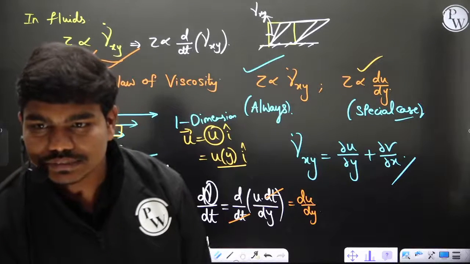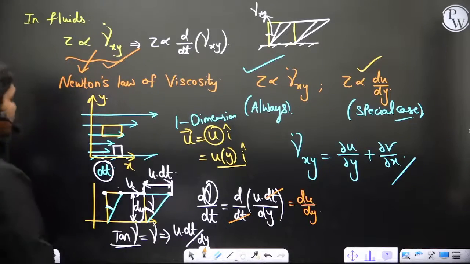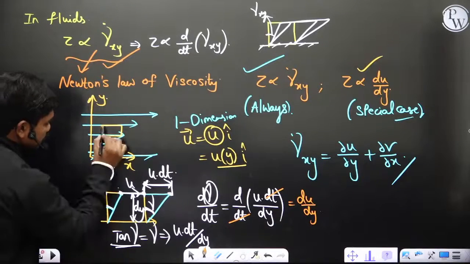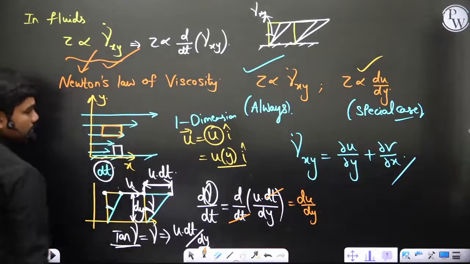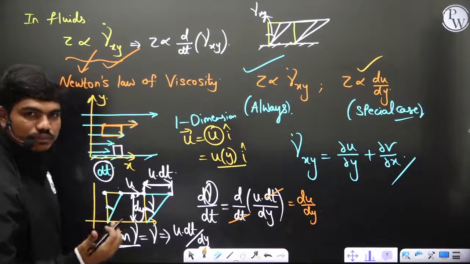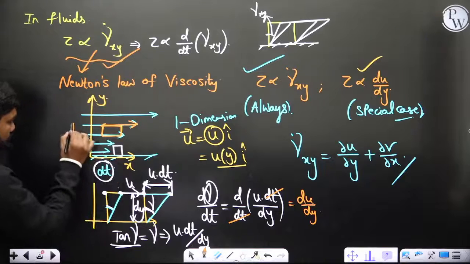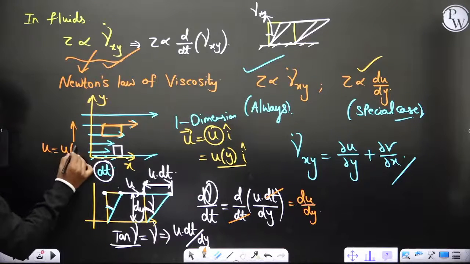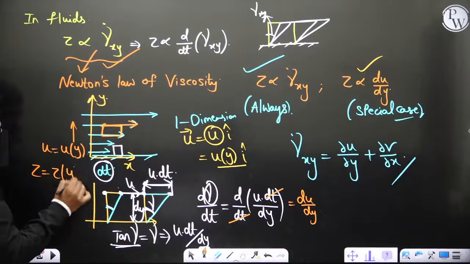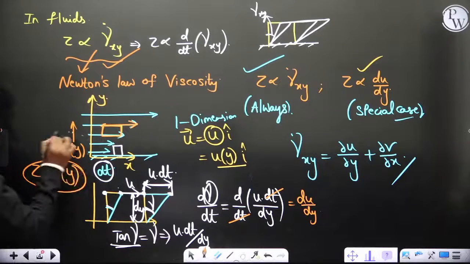I did not understand, please repeat once again. Yes, I am repeating. Whenever you have fluid layers flowing like this, at any particular location the fluid is subjected to some shear stress. That's why the fluid is moving. Whenever there is a velocity changing in the y direction, you also have a shear field which is changing, and because of this shear only these layers are moving.